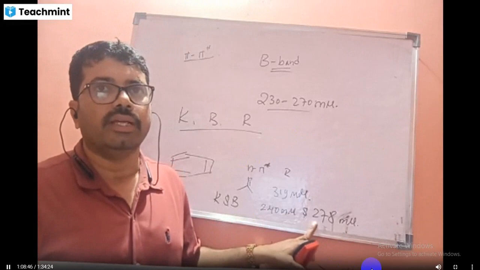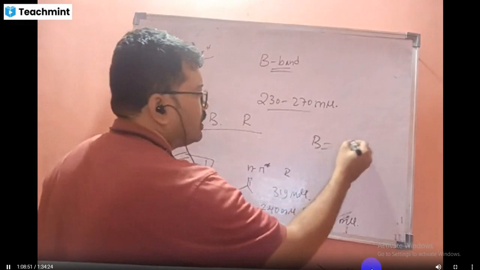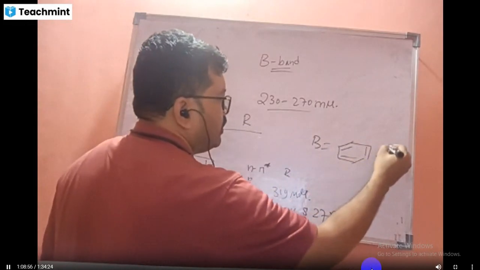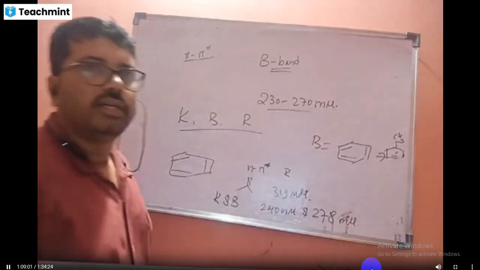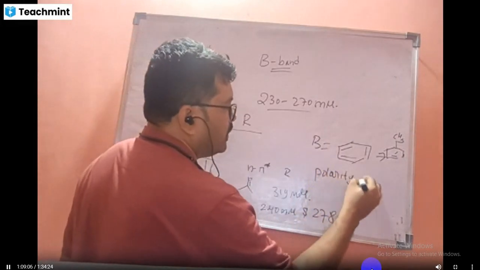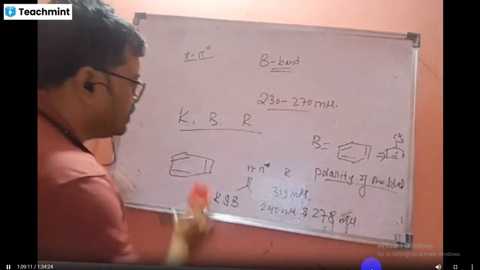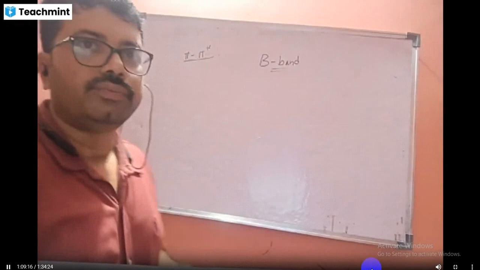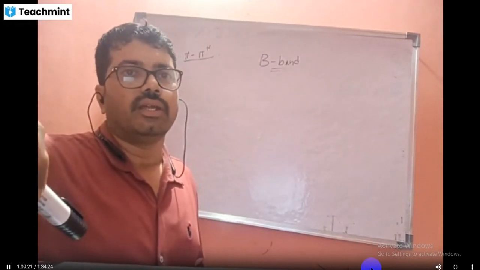The fine spectrum of the B band in the case of substituted aromatic compounds: the intensity is enhanced by substitution, by any chromophoric group, or by the polarity of the solvent. So this is about K, B and R bands. Pi to pi star includes benzene, acetophenone and so on.